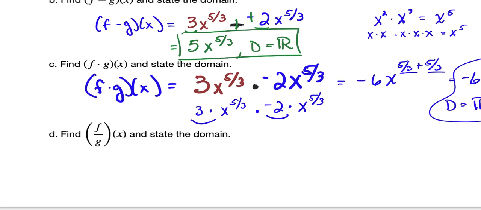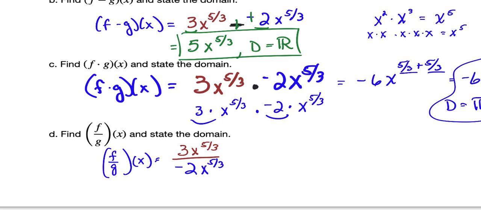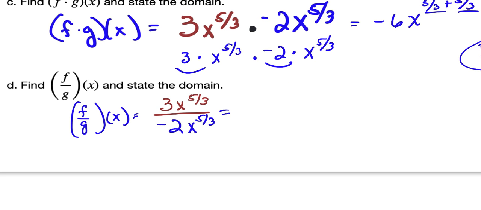And finally for division, we've got f over g of x. And we'll put our red one in the numerator, that's f, over our denominator, which is negative 2. So here, we can't do 3 divided by 2, they don't divide evenly.